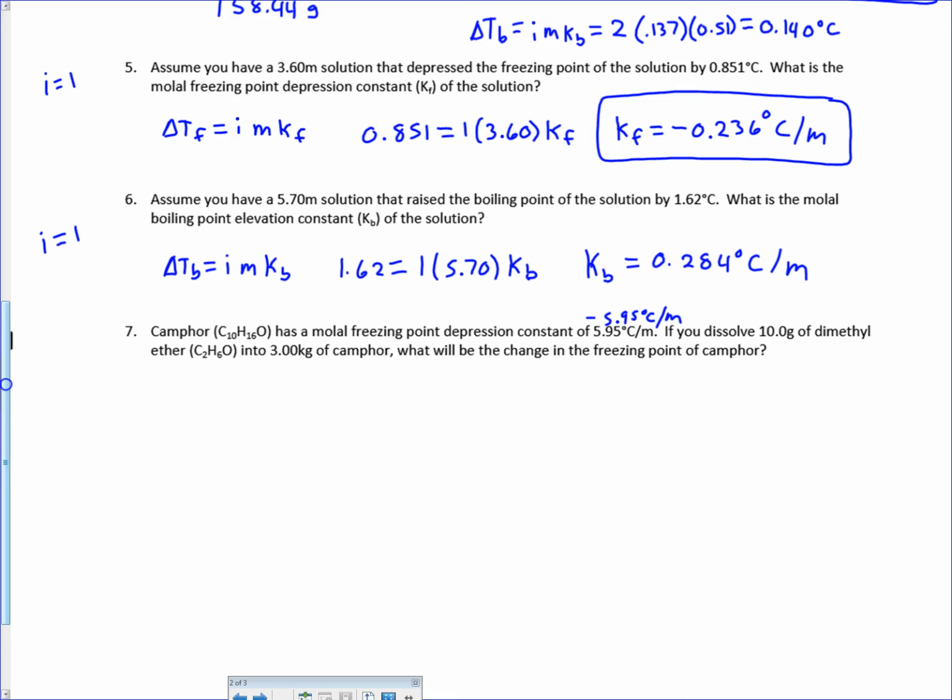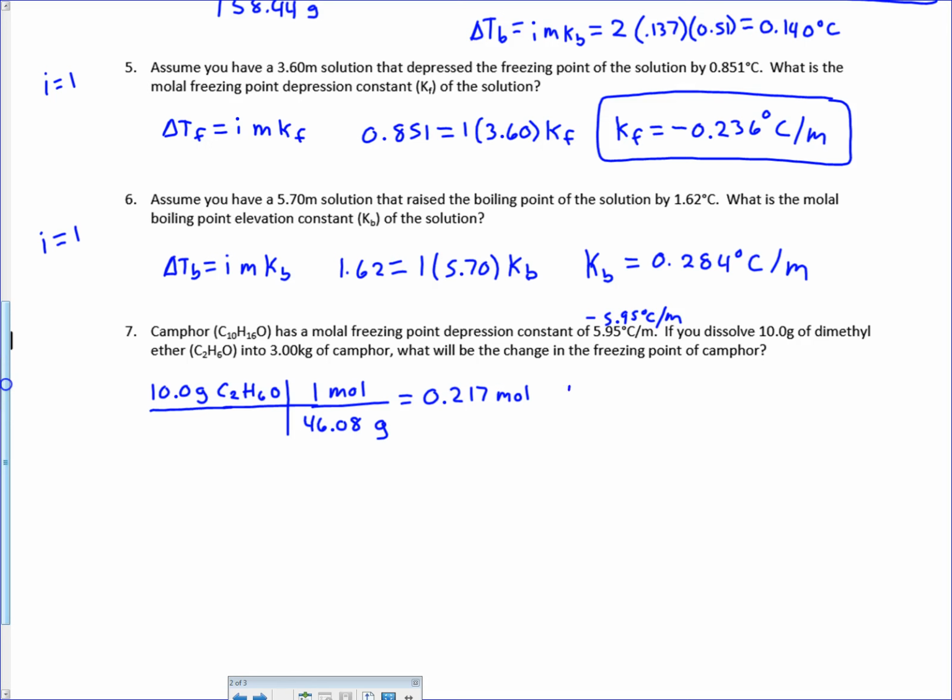So what we'll do here, we've got to get this to moles to start off with. It says that we've got 10 grams of dimethyl ether, so 10.0 grams of C2H6O. And if you calculate that, you get 46.08 grams for your molar mass for 1 mole. Calculate that, you should get 0.217 moles of dimethyl ether.